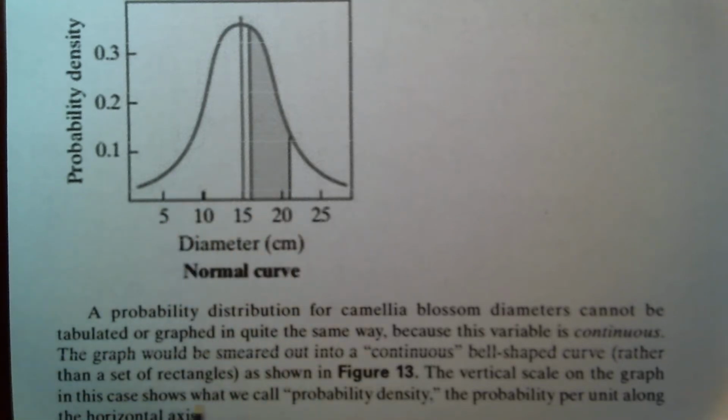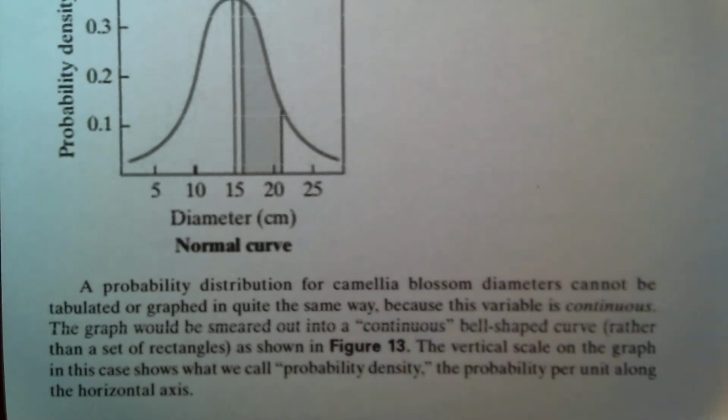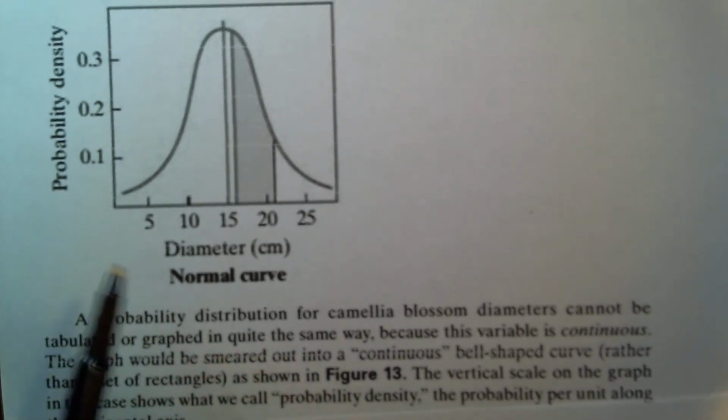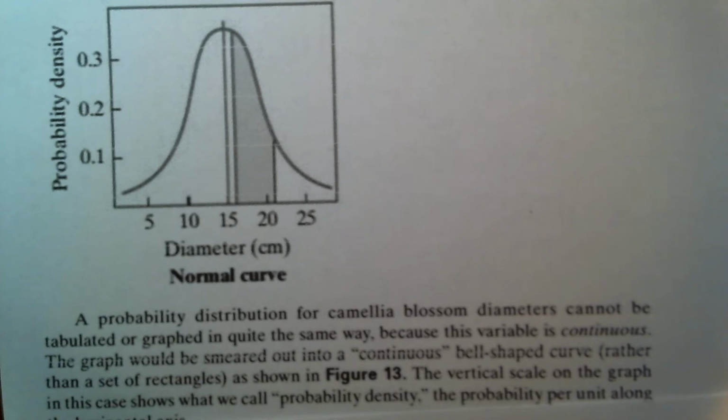The vertical scale on the graph in this case shows what we call probability density, the probability per unit along the horizontal axis. So this is an important figure to keep in mind, the distribution here being bell-shaped, and this would be the probability density. We'll be discussing this in more detail.